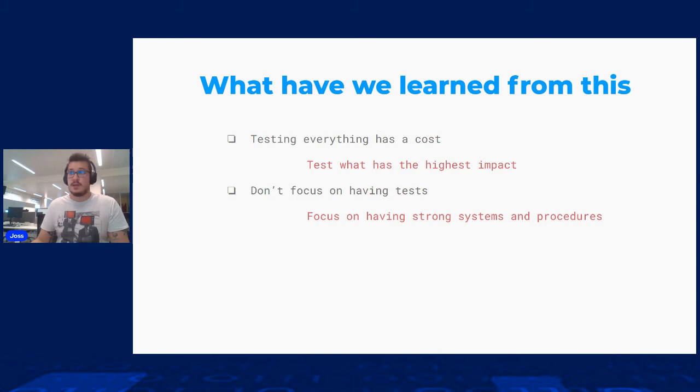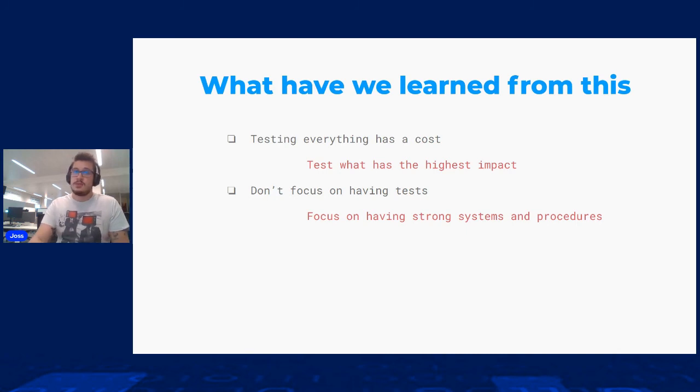They will fail. Having a strong system and procedure will make sure that failure is mitigated, and you'll still be able to do your two main objectives as a QA engineer. One, ascertain quality, and two, if that level of quality ever drops, you're the first one to know.